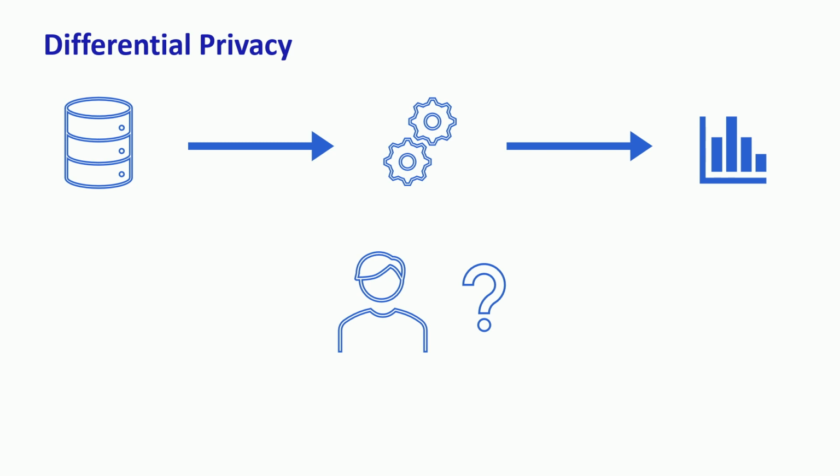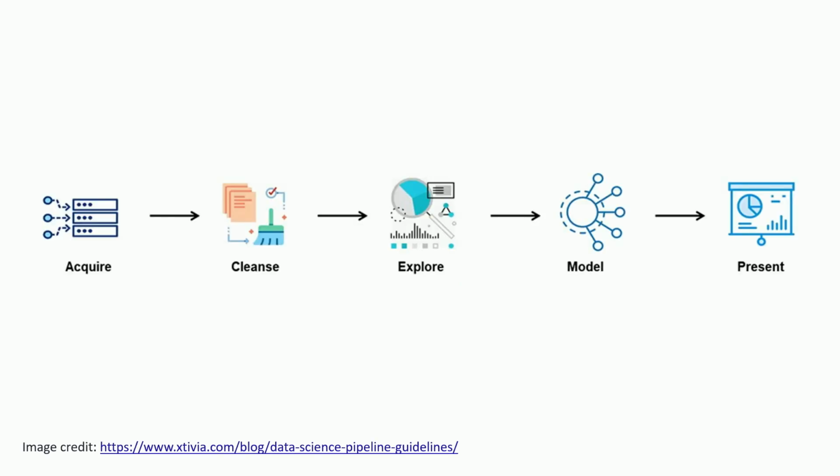Apple knows what the most popular emojis are, but they don't know what any one user's emoji usage is. So I guess we can think of differential privacy as you know something about the population, but you don't know anything about the individual. Yeah. Cool. Okay. So yeah, let's keep going.